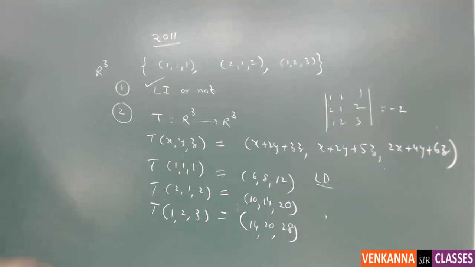Understand that the main objective of the transformation is that it transforms one vector into another. And if you want to transform a basis into another basis, and a linearly independent set into another linearly independent set, then the transformation must be a bijection, or you can say that it is invertible.